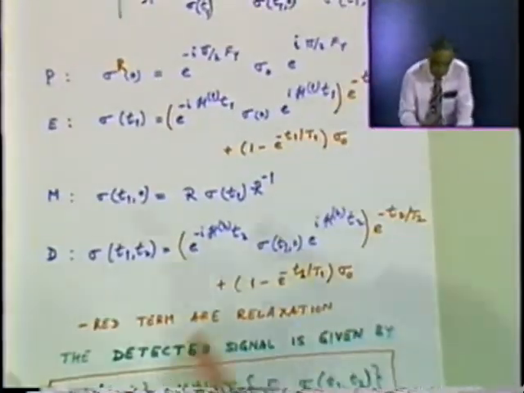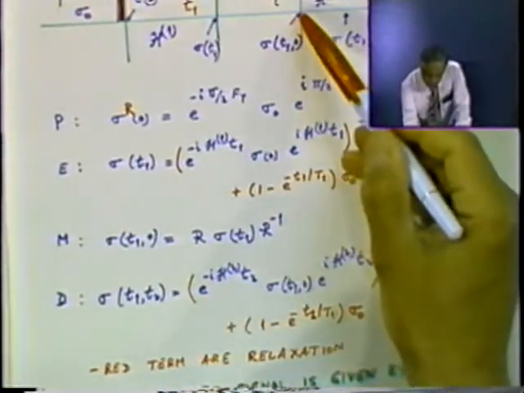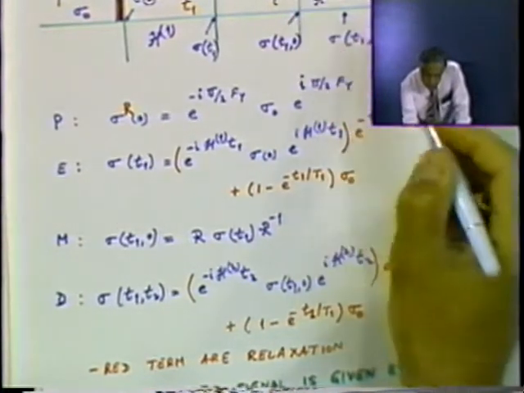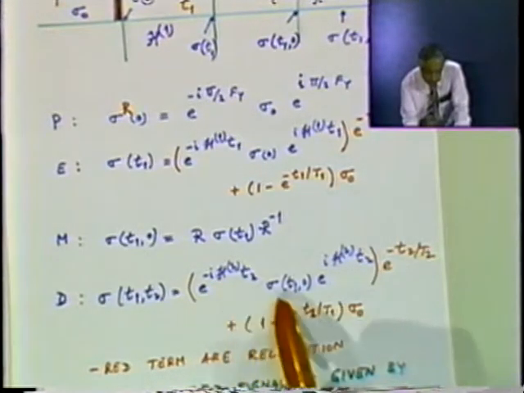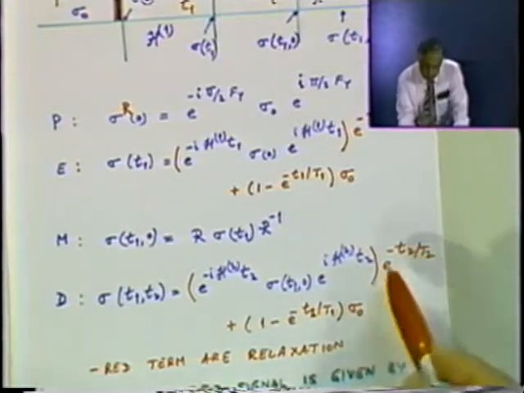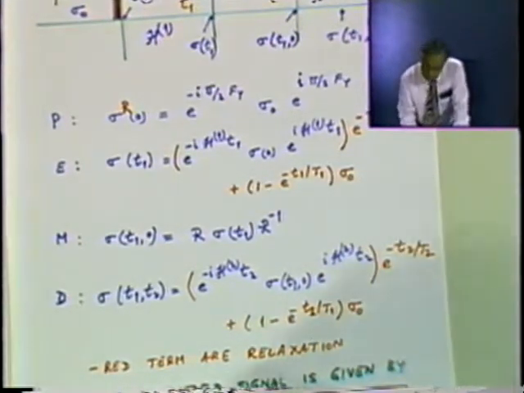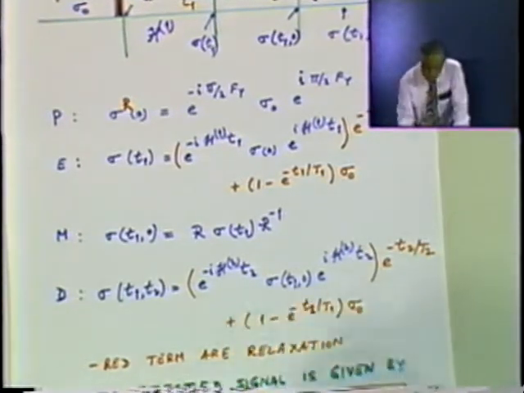Okay. And then during the detection period, I have sigma t1 0 here and t1 t2 here. This is given by e to the minus i H2 t2 sigma t1 0 e to the power i H2 t2, and it's decaying with T2 during t2, and there is a component which is growing also during t2.